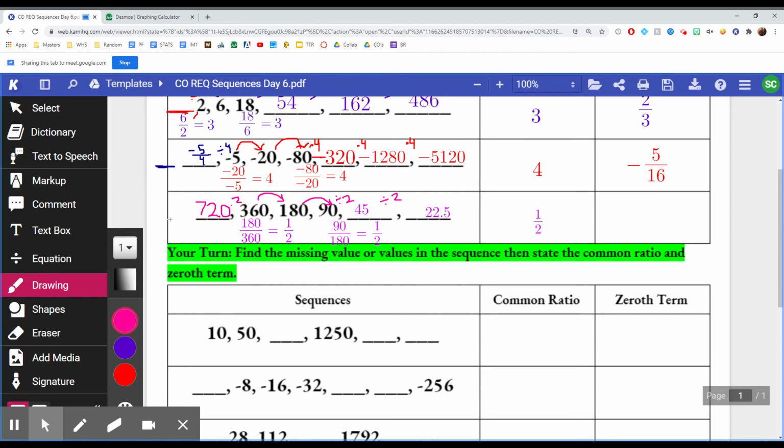And now all I have to do is find the zeroth term, which I would get by multiplying 720 by 2, and that gives me 1440 as the zeroth term.